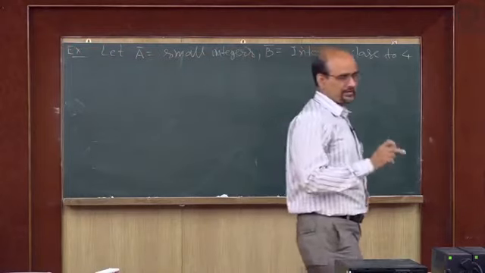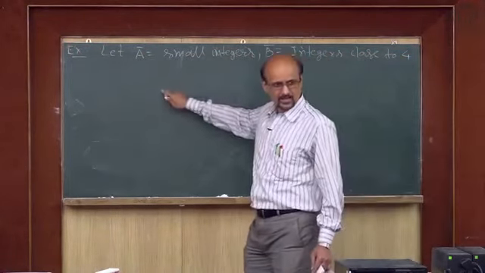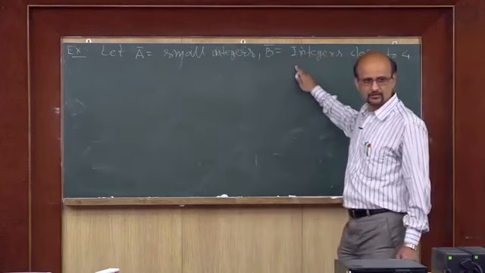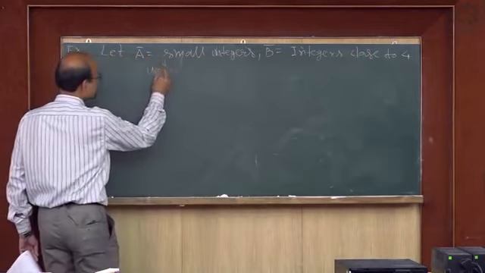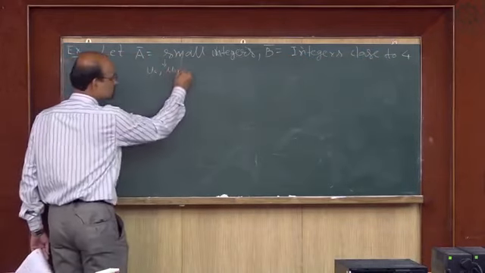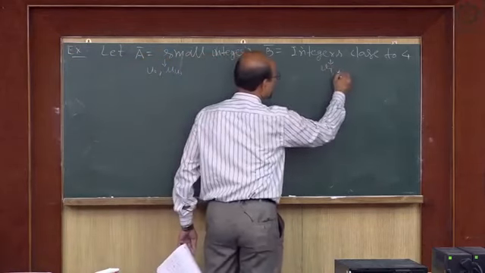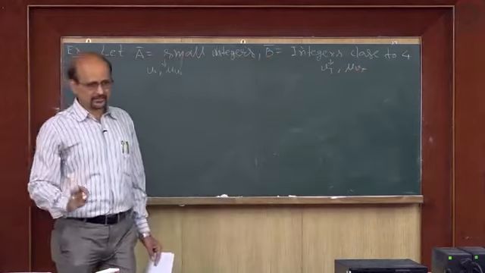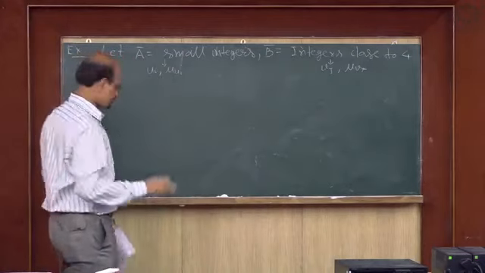So we need ui and mu ui, here, and vj and mu vj here. Suppose these are given, for i equal to 1 to 3.